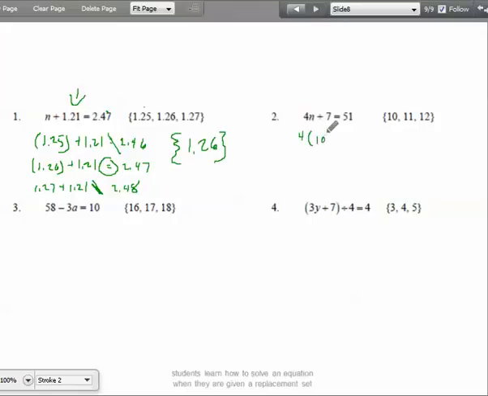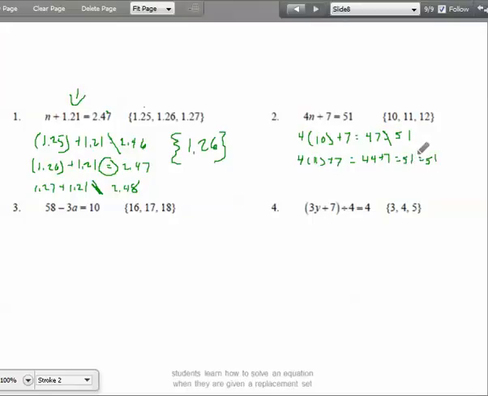4 times 10 plus 7. Well, that's equal to 40 plus 7. That's 47. Is that equal to 51? No. 4 times 11 plus 7. That's equal to 44 plus 7. That's equal to 51. Is that equal to 51?